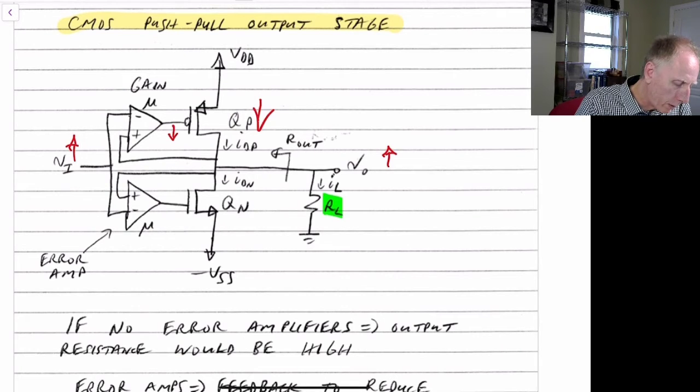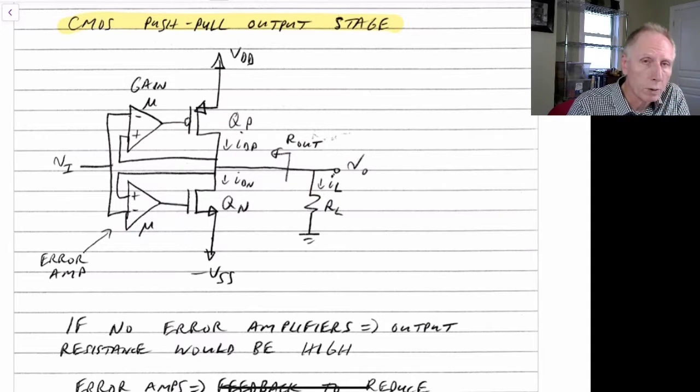And this voltage will also drop and less current will flow down through here. So more current will flow down to here to raise Vout until Vout will equal Vi. So we can see it's a push-pull because we're using two common source amplifiers. This one pushing current in and this one pulling current out.